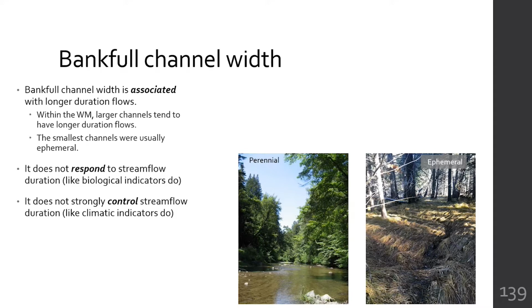It doesn't change with flow duration, and it doesn't control stream flow duration like climate indicators do. So this is an example of an associated indicator. It was selected based on the improvements it provided to the method, so it's a data-driven selection rather than these conceptual linkages with response and control indicators.